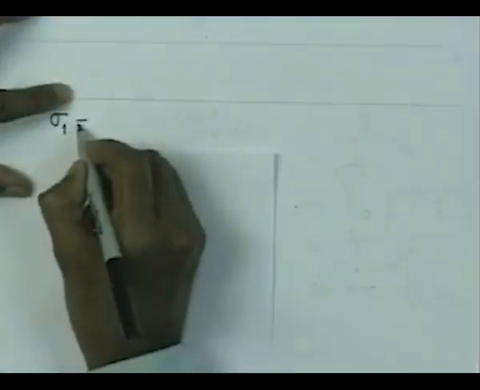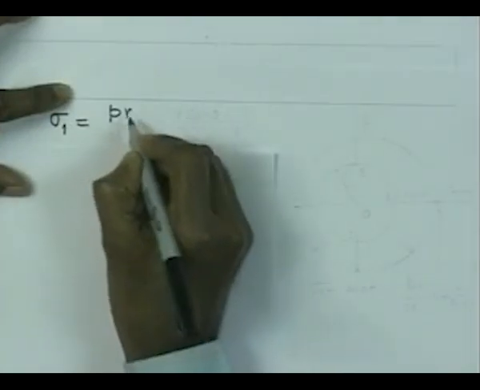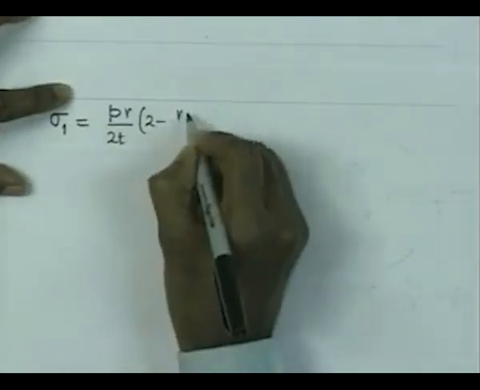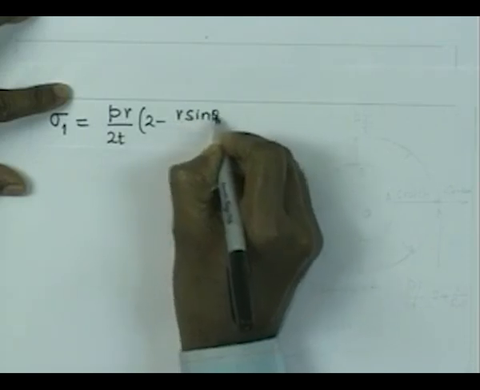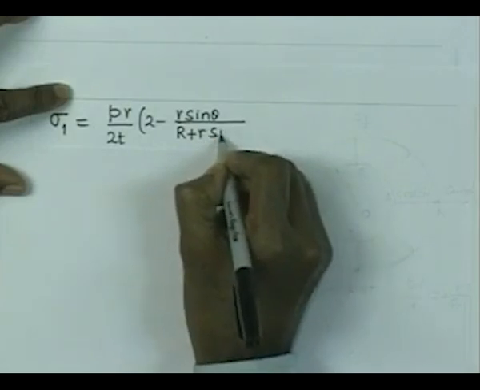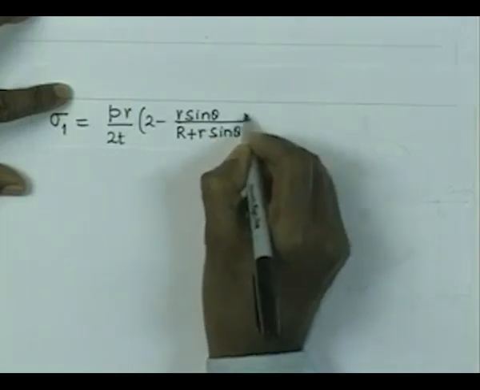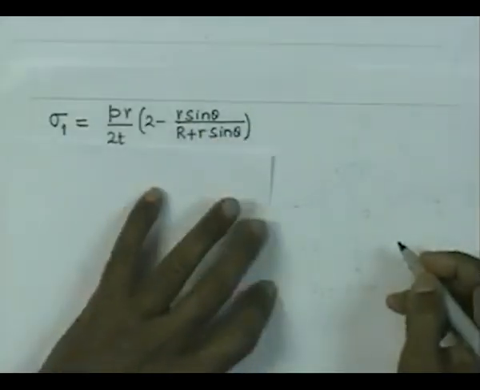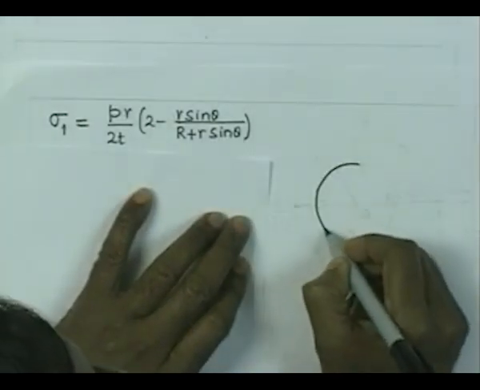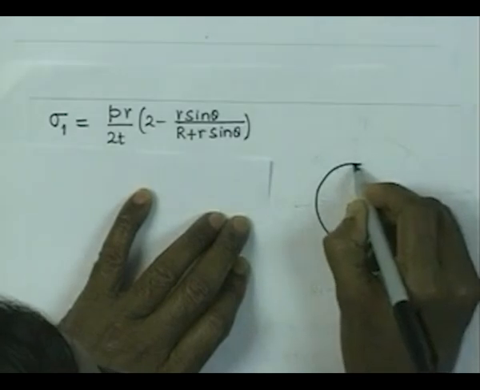So, let us plot the variation of the stress sigma 1. Let us write once again P R by 2 t into (2 minus r sin theta) by (r plus r sin theta). We draw the circumference of the cross section.